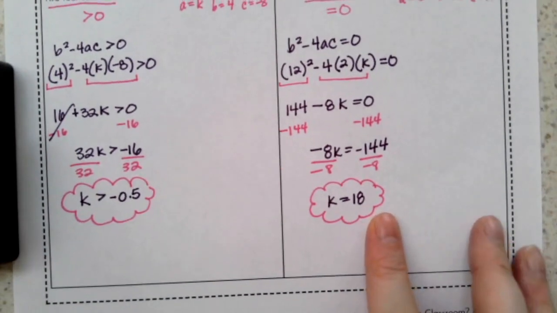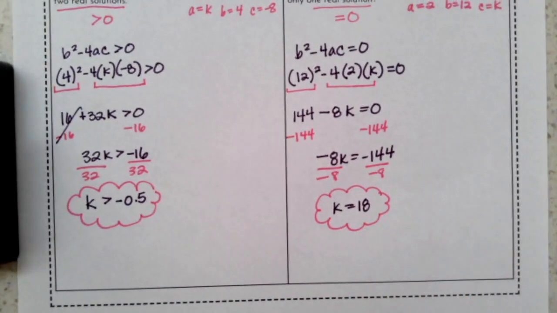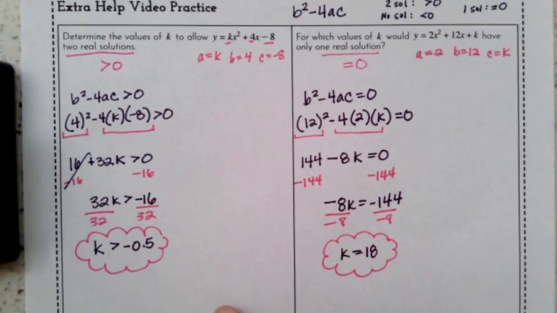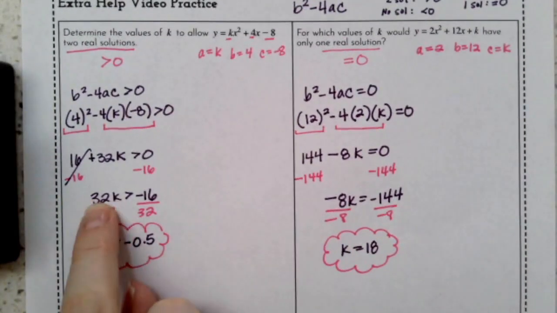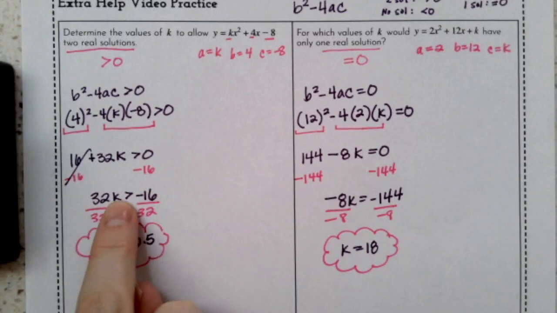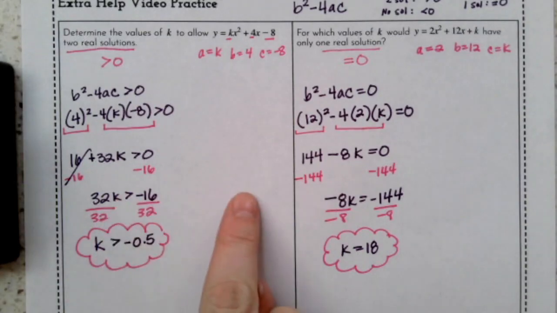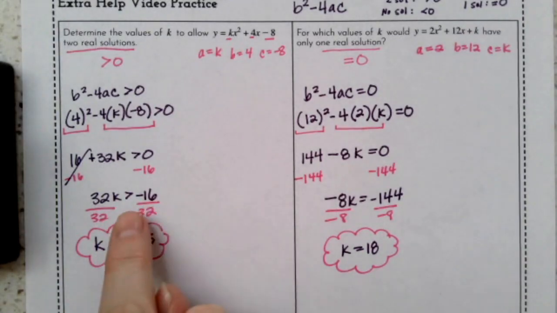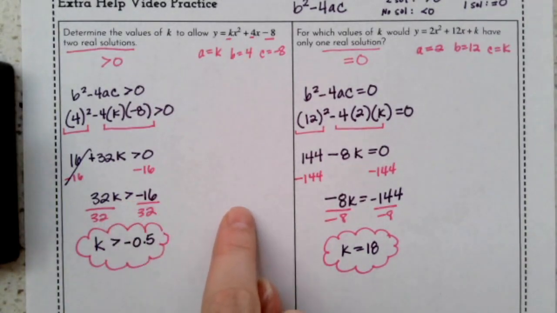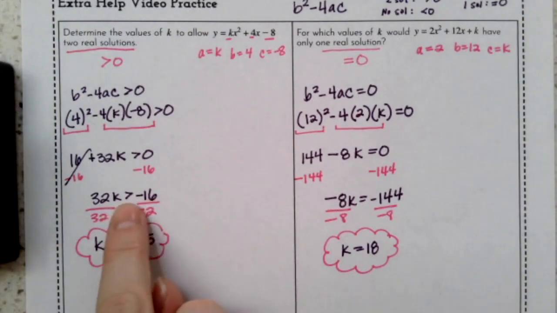A couple reminders that didn't happen in these two problems, but that it's helpful to talk about. If you have to square root an inequality, then you keep the sign the same for the positive answer, and then flip the sign for the negative answer. So let's say I'll just make up one at the bottom.